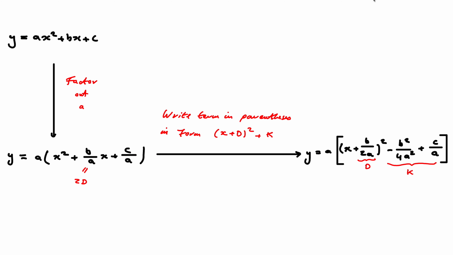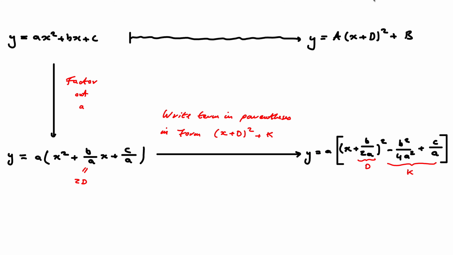And then finally, let's make sure we understand what we're looking for. We put this in the format. So really what we're trying to do is the following. We're trying to put this in the format y is equal to x plus d all squared plus k.